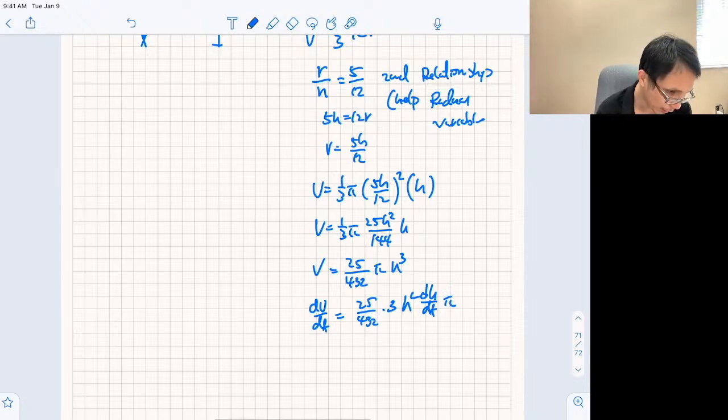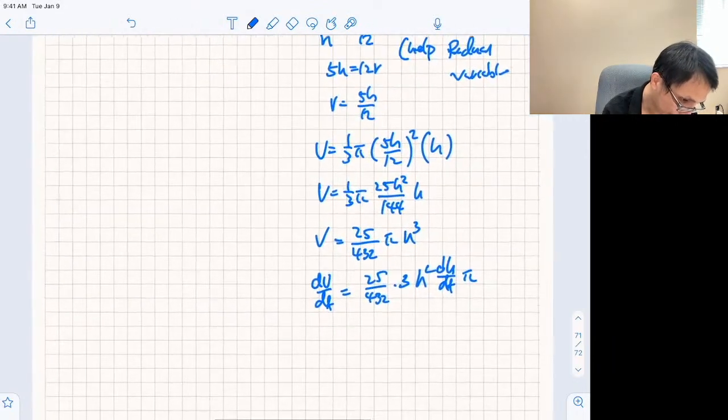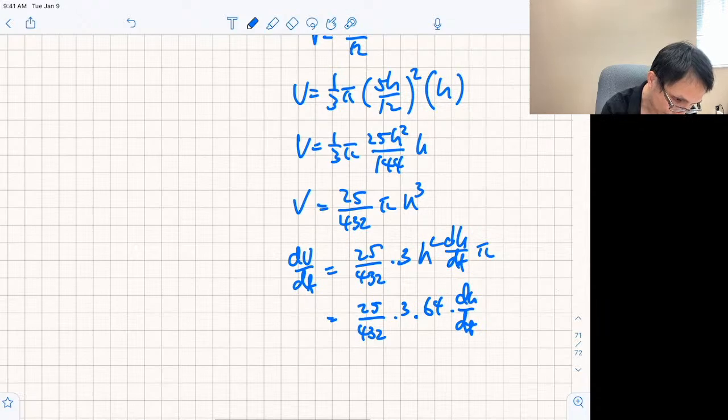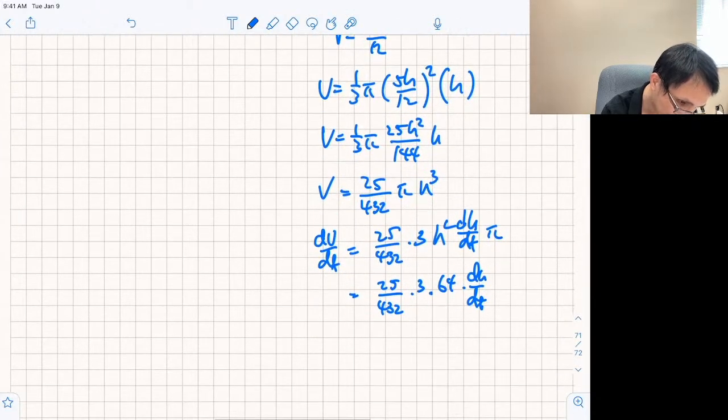Okay, so what is the h in this case? 8. So that is equal to 25 over 432 times 3, times 64, times dh/dt, and times pi. And what is dh/dt? dh/dt is unknown.